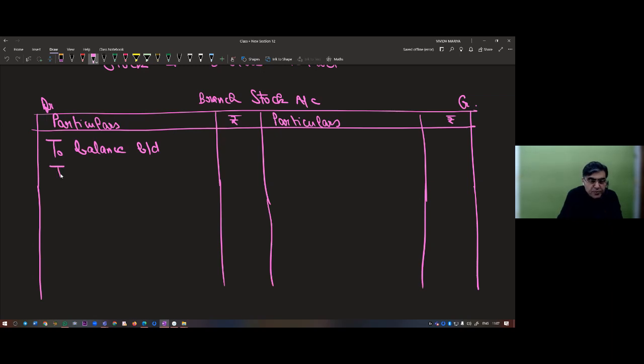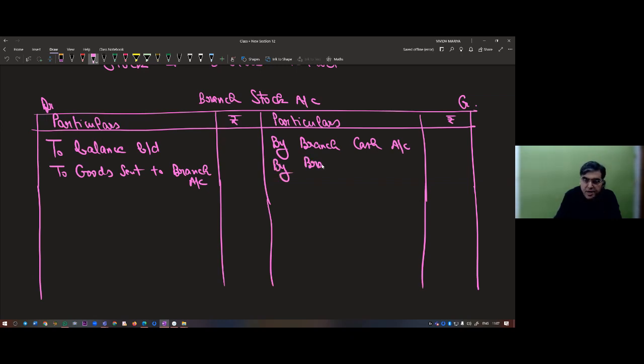To balance brought down, to goods sent to branch account, by branch cash account, by branch debtors account.